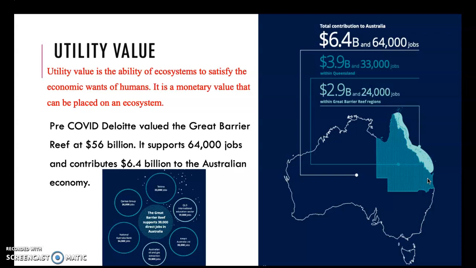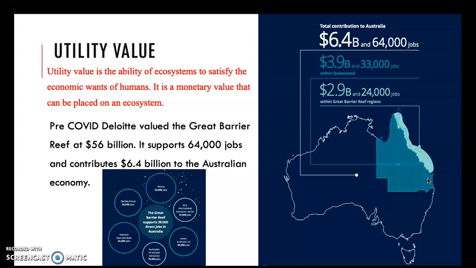And as you remember from last term, we'll be looking at the Great Barrier Reef together in class. And here's some information around the utility value of the Great Barrier Reef. Now, Deloitte are an economist firm that value different assets, and the Great Barrier Reef was valued by them at $56 billion. So they said that the utility value of the Great Barrier Reef is $56 billion.